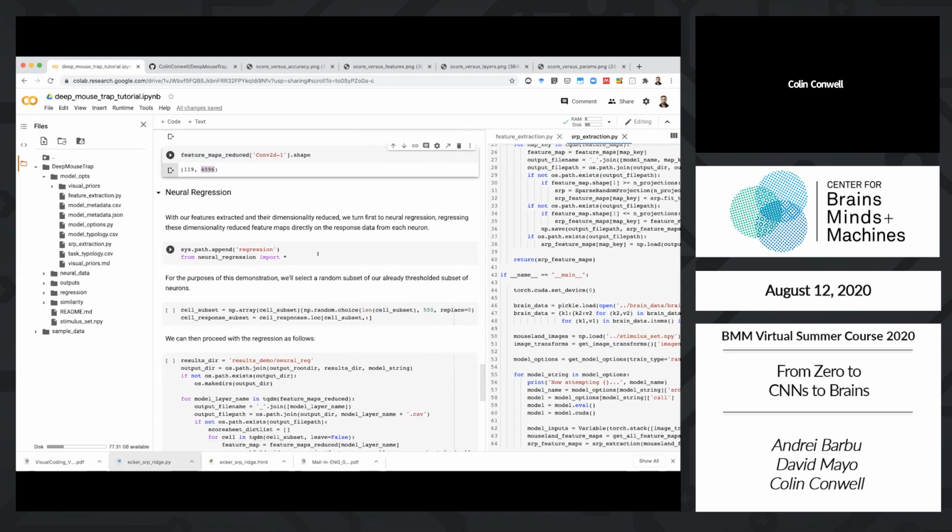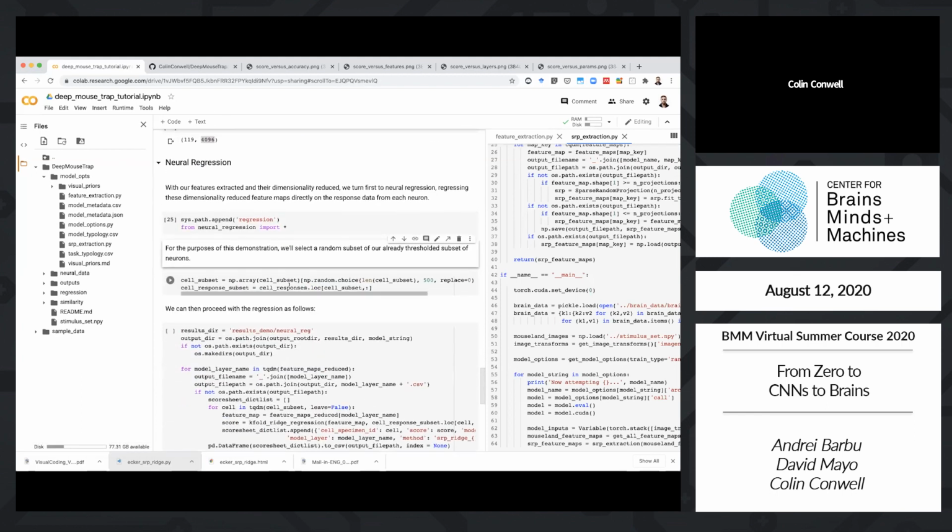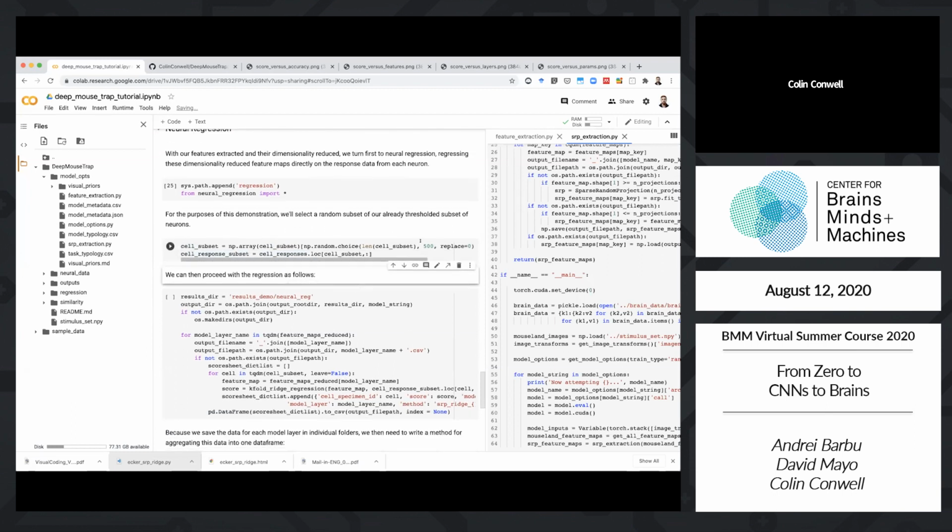So with our features now reduced, let's try and predict some real physiological responses. Once again, because this is a computationally expensive process, we have a lot of neurons and a lot of activations, we're going to subset from our original 6,000 or so neurons a smaller data set of about 500 neurons. In fact, to make this run even faster, we're going to do 250 neurons.